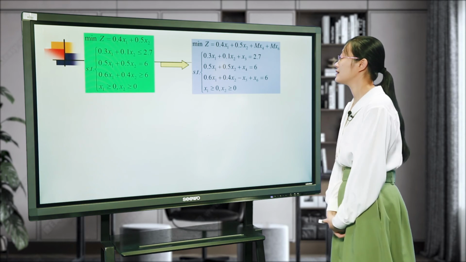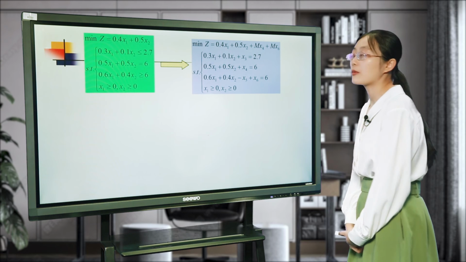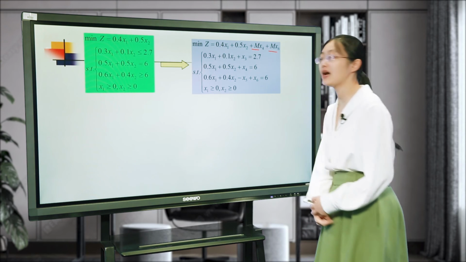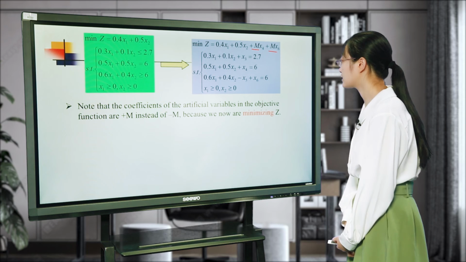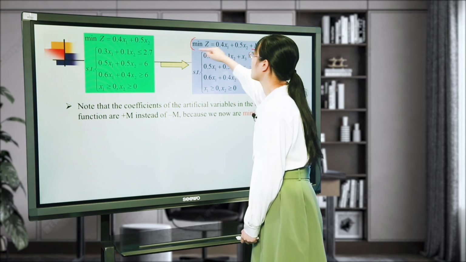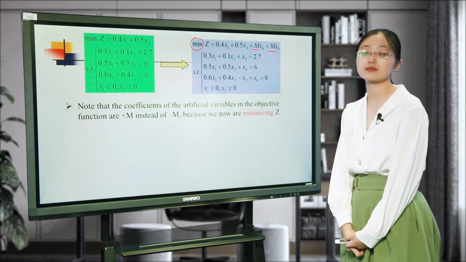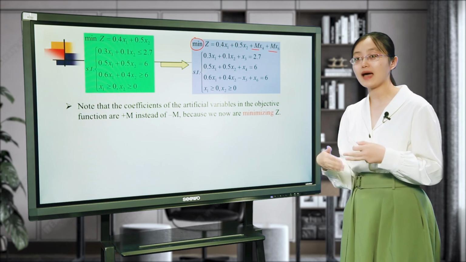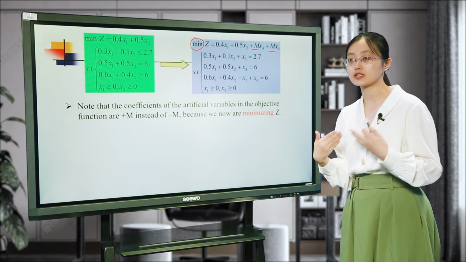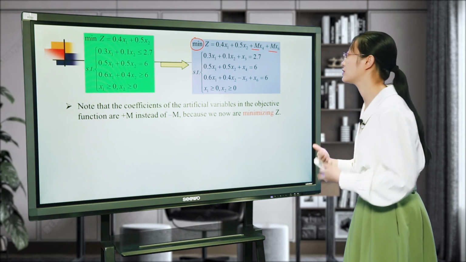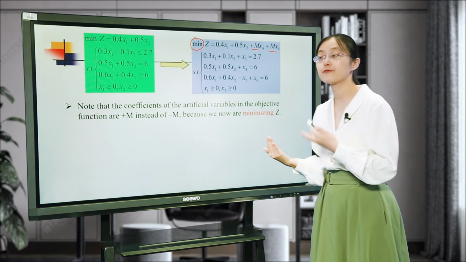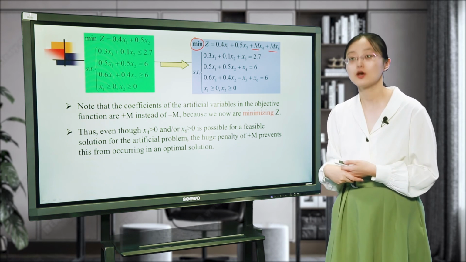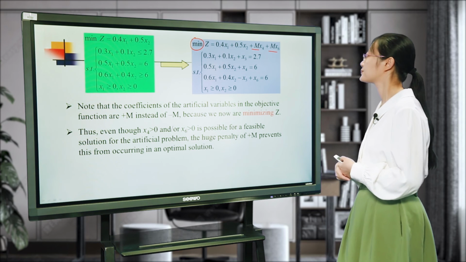Note that in this case, in our objective function, we actually have plus M instead of minus, because we want to find the minimum z. So we want to add a positive M as large as possible to give a penalty to our objective function and force our artificial variables x4 and x6 to be 0 eventually.